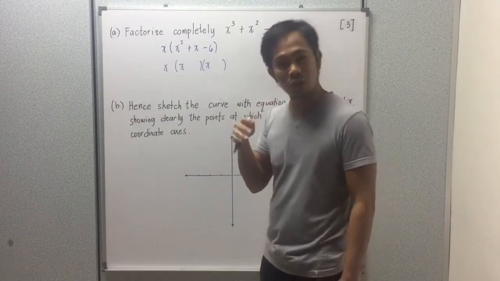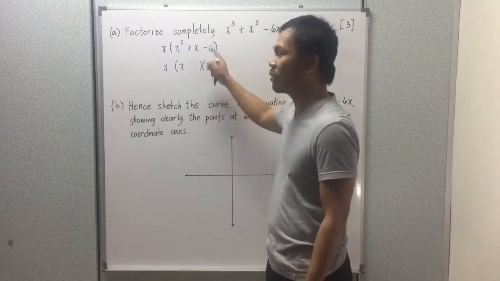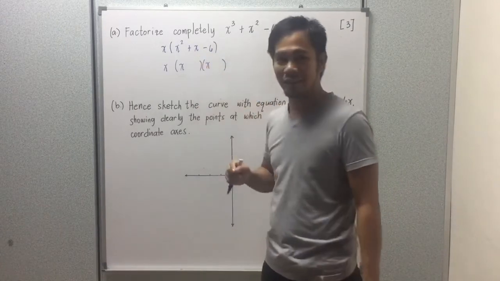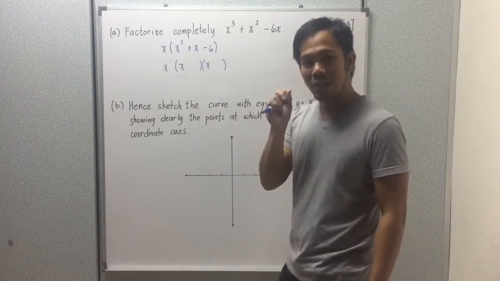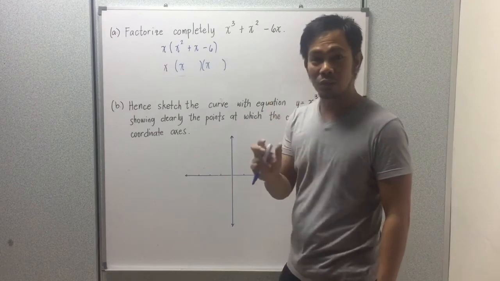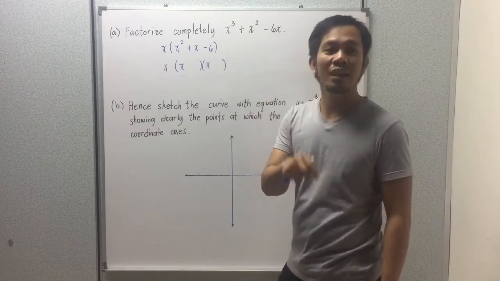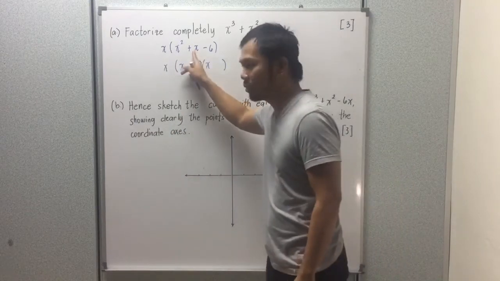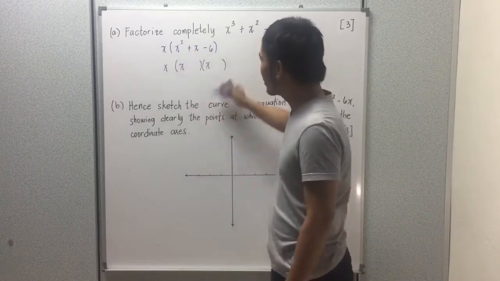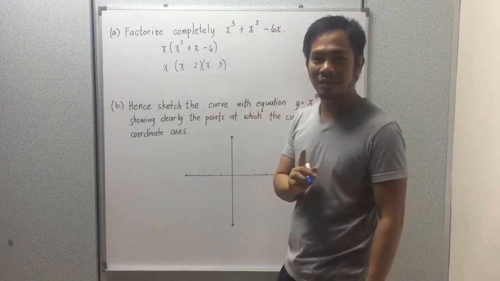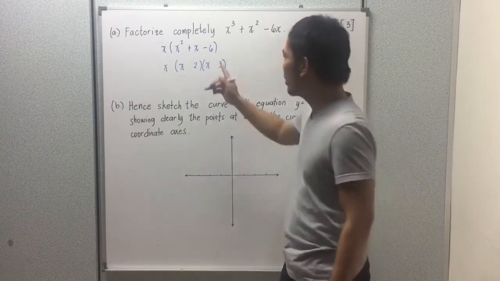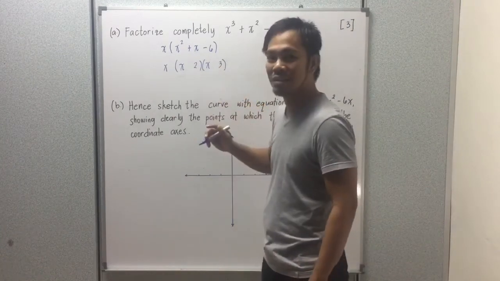But I am not going to use 1 and 6 because if I subtract 1 and 6, I will not get 1. So I will just get the factors 3 and 2, because if I subtract 3 and 2, I will get 1. So I'll put 3 and 2. But remember the sign, which should be plus and which should be minus.